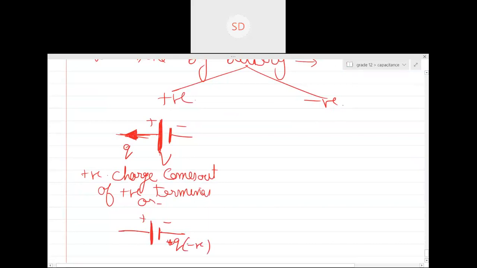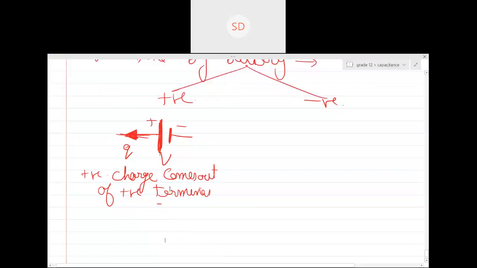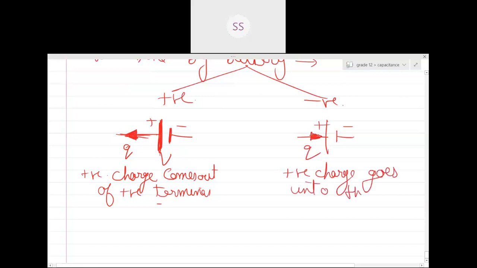If this charge is negative, generally we don't consider this case, so you may assume only one case. No problem. Otherwise, you will get more confused. So, when positive charge comes out of the positive terminal, then we say the work done is positive. And the work done is negative when positive charge goes into the positive terminal and comes out of the negative terminal.